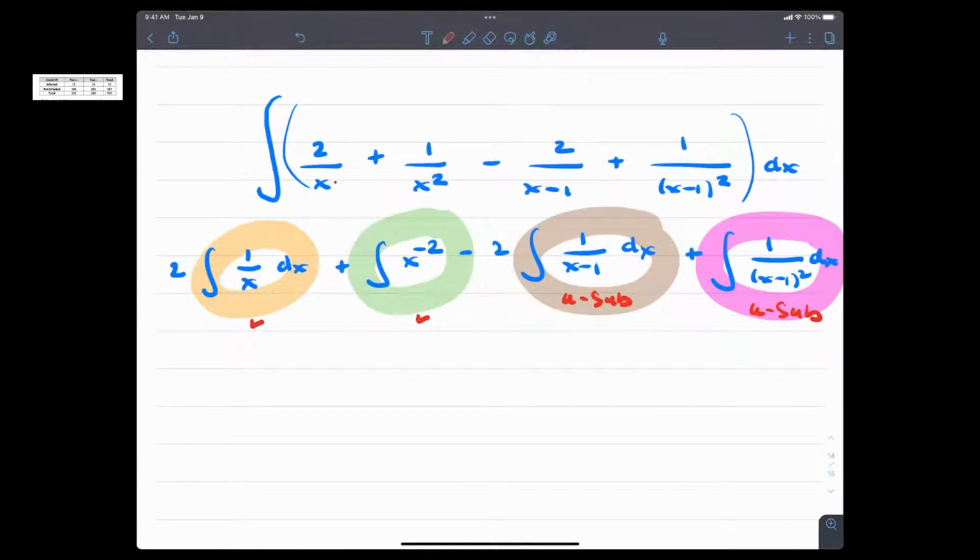And so to let you guys know on the final answer, I'll give you guys a final answer. 2 natural log absolute value of x, minus 1 over x, minus 2 natural log absolute value x minus 1, minus 1 over x minus 1, plus that c.